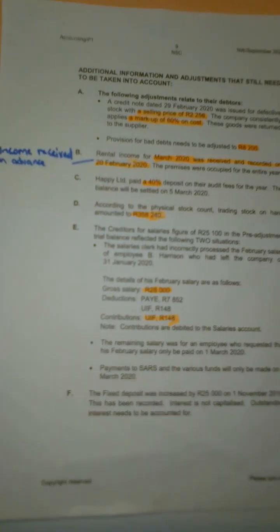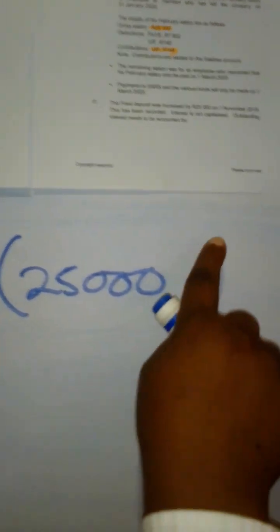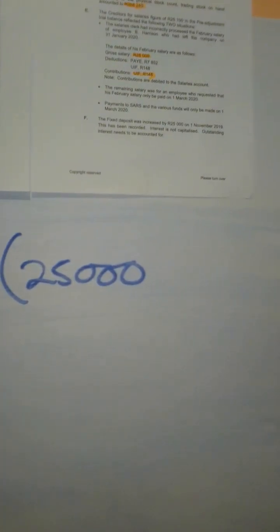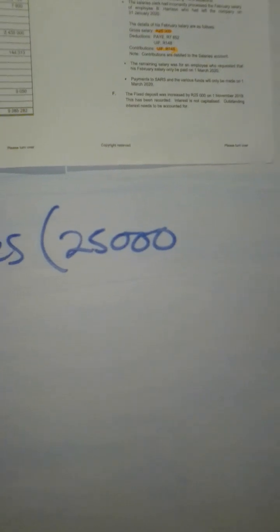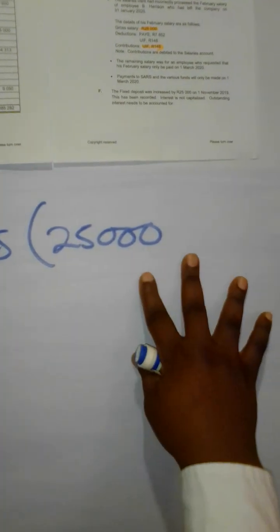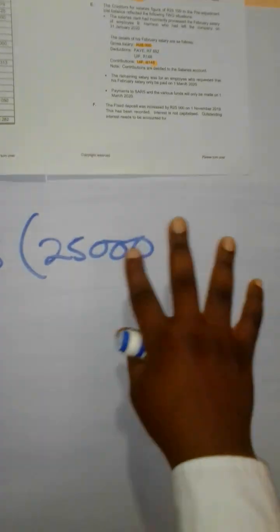So what is this adjustment telling us? It's telling us that this 25,000 is only 40% of what was actually supposed to be paid. So we are supposed to find the remaining balance. If they paid 40%, what percentage is remaining? 60%, so that we can get the 100% amount for the audit fees. How do we get the 60%?